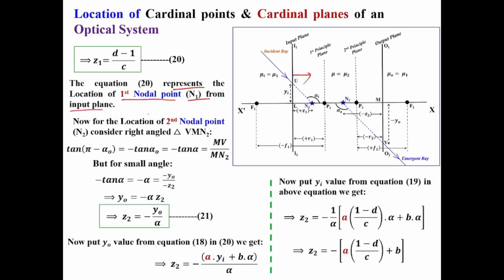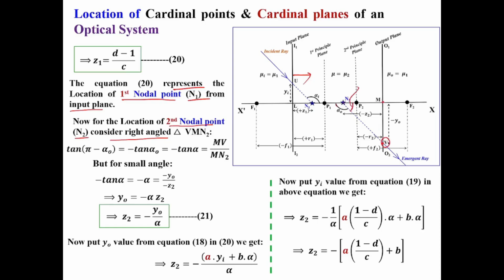Now we are going to calculate the location of the second nodal point. For the location of the second nodal point n2, consider right angle triangle VM n2. This point is your V, this point M, this point n2. Here this is the outside angle, so we have to consider this angle.